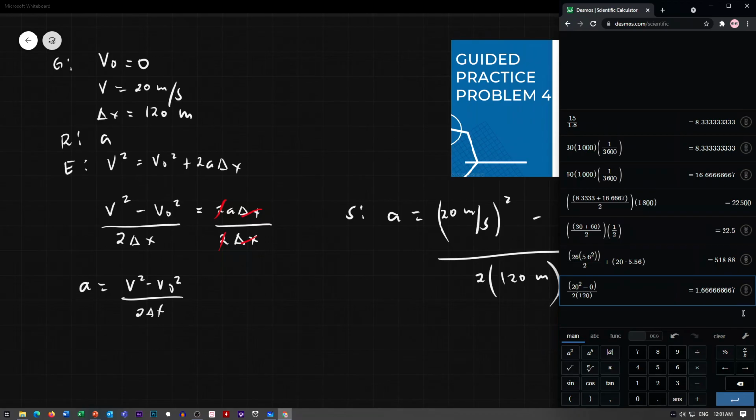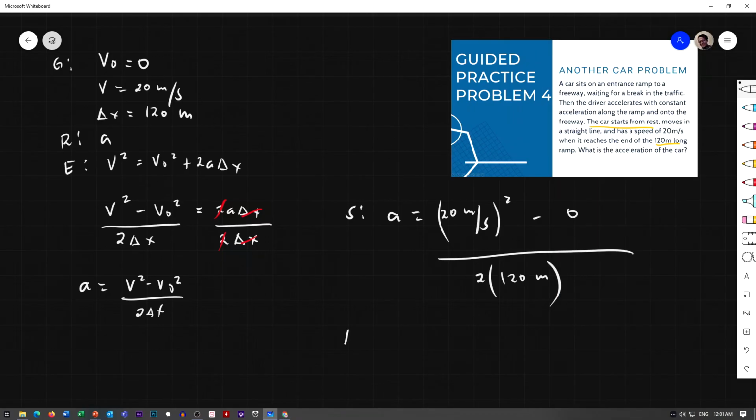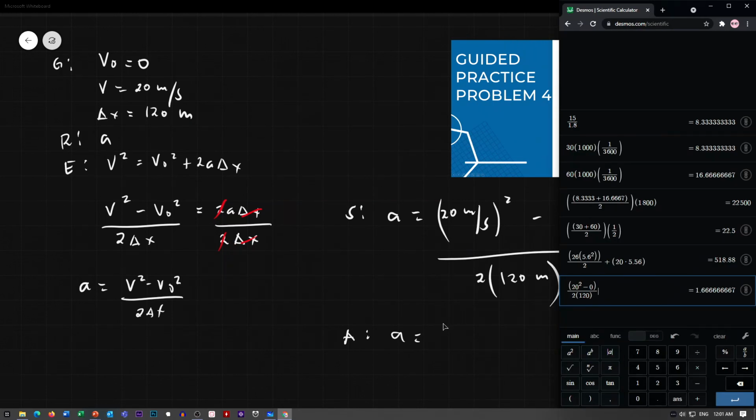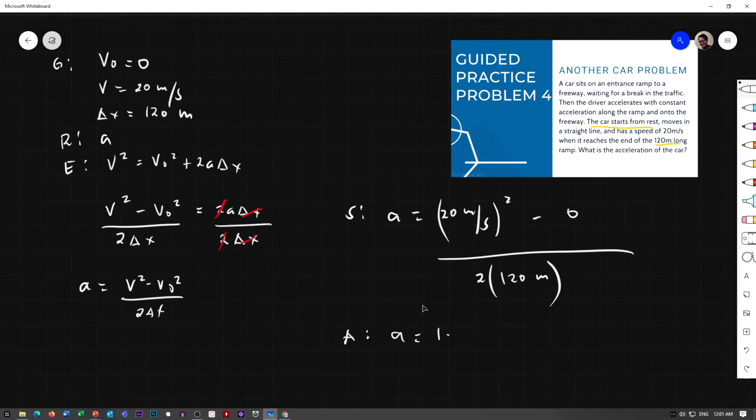Okay, so our acceleration, or our final answer, is 1.67.